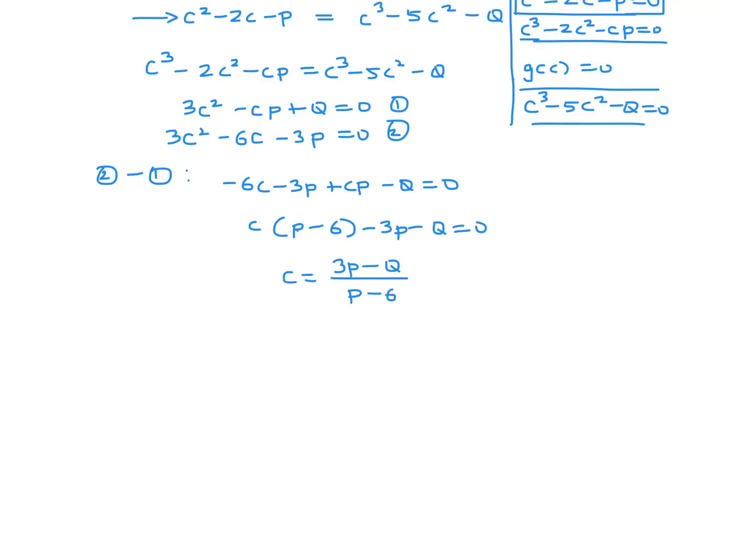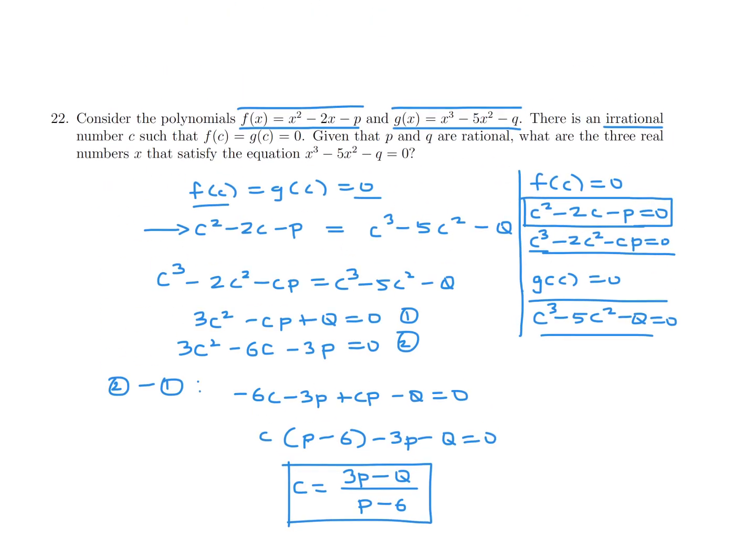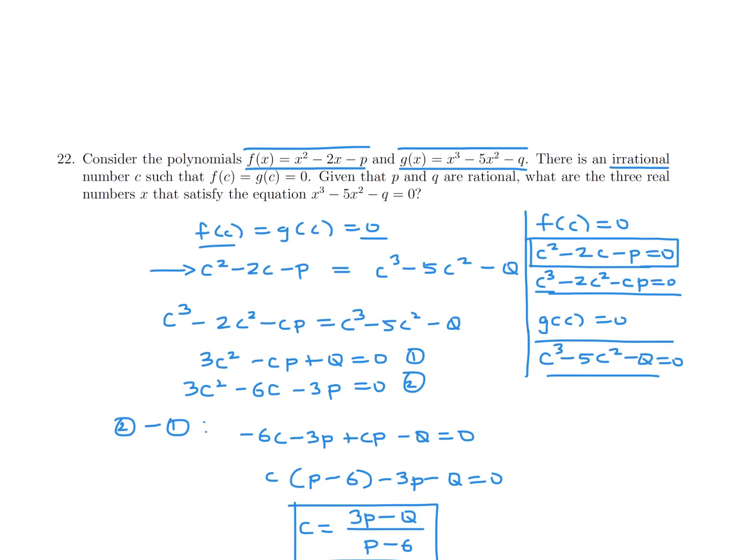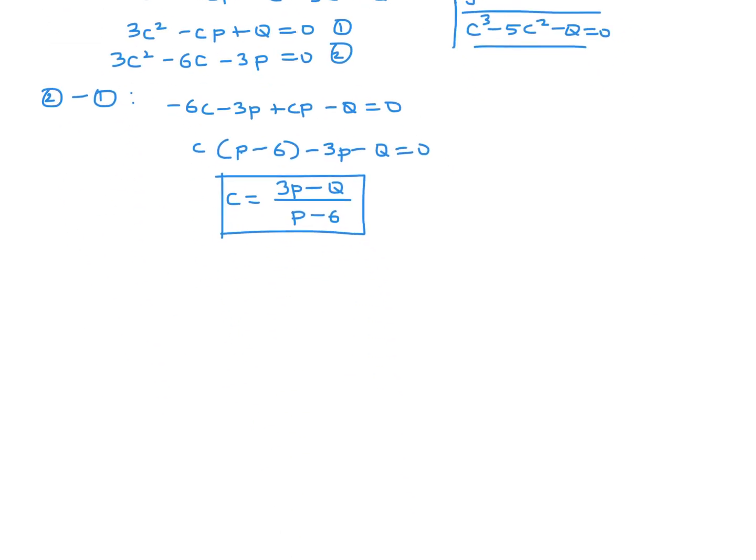Okay, this is a very important point here, because they told us in the question that there's an irrational number c. Irrational. Now, if you remember, rational numbers are something that can be written as a fraction, say a over b, where a and b are both integers.